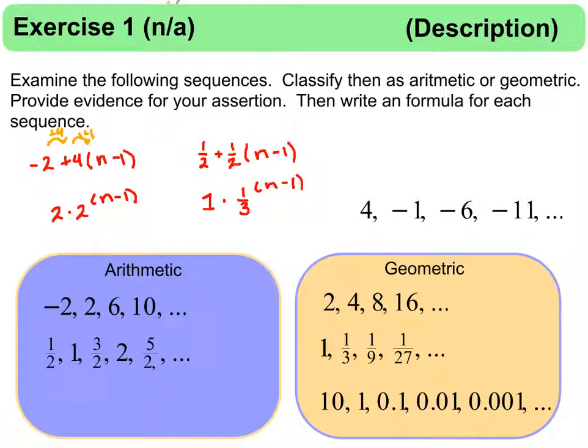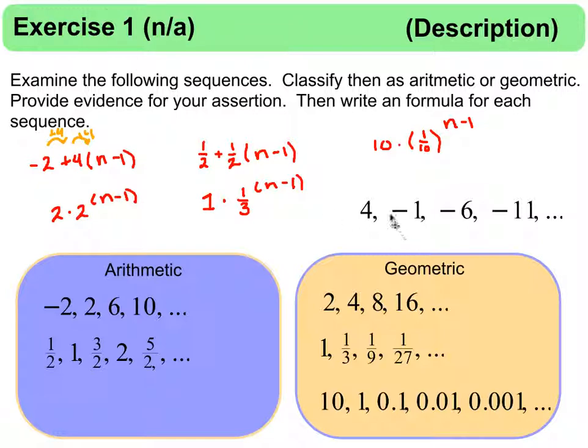The formula that will go with that is the first term is 10. We are multiplying by, depending on how you want to write it, 0.1 or 1/10, however you prefer to write it, and that's raised to the n - 1 power.